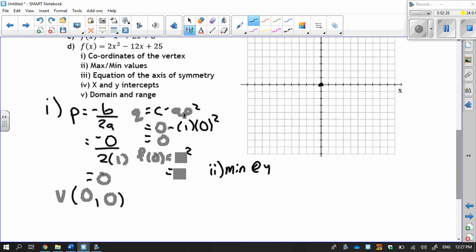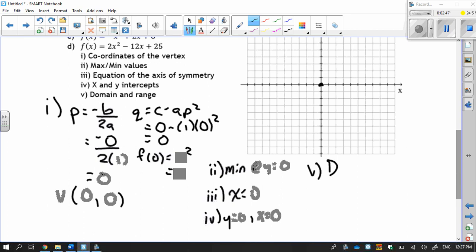Our equation of the axis of symmetry, x is equal to 0, x and y intercepts, y is equal to 0, x is equal to 0, domain, x is an element of the real numbers, and range, y is greater than or equal to 0 such that y is an element of the real numbers.